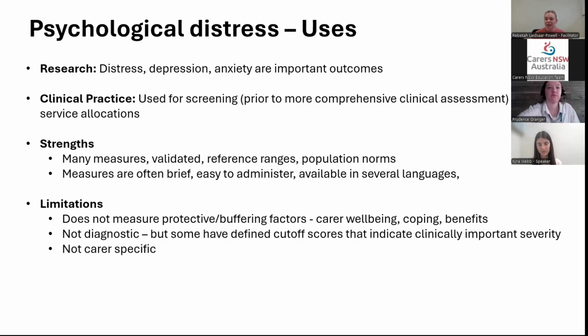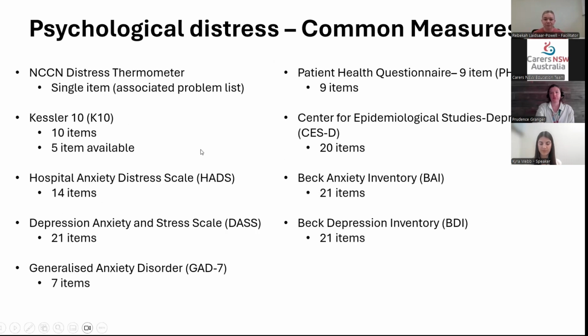These are measures that are often screening, and they're certainly not to replace a psychological assessment with a trained person, but they can give us an indication of scores that indicate clinically important distress. Also, none of these are carer specific, so these are broad distress measures that are commonly used in carer research.